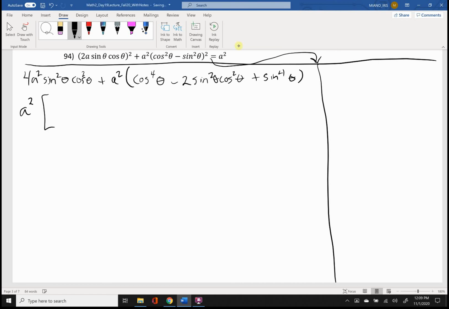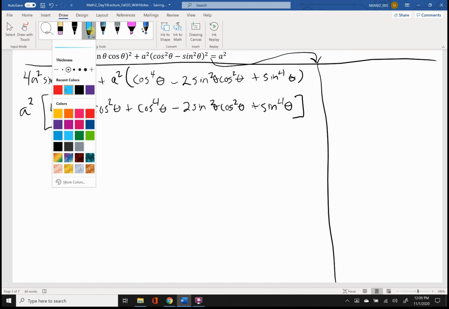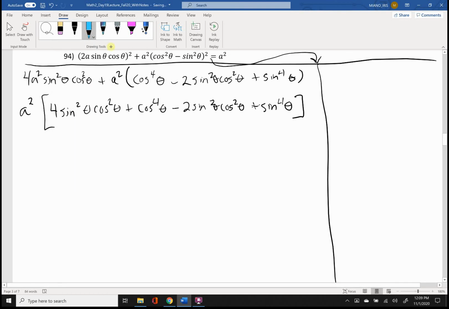So that'll leave us with 4 sine squared theta cosine squared theta plus cosine to the 4th power theta minus 2 sine squared theta cosine squared theta plus sine to the 4th power theta. As you can see, we have a couple of like terms here, and I want to change the color on that.